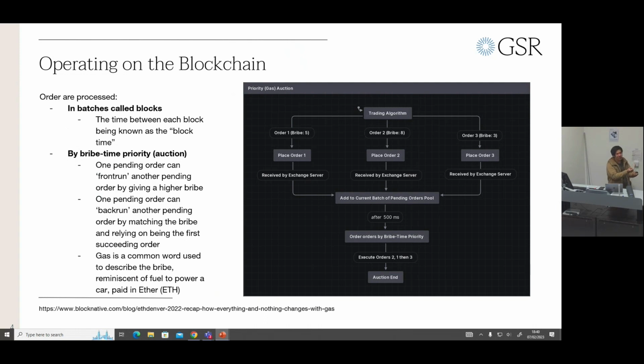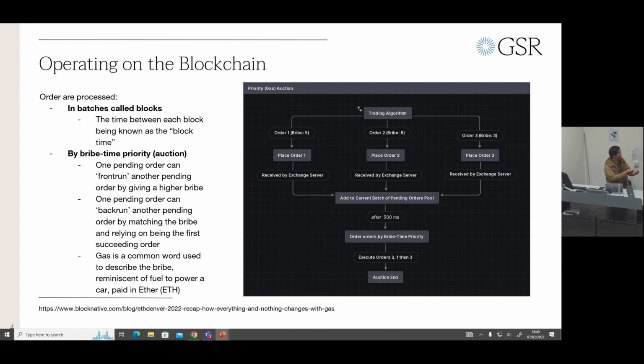If they really want to buy a Uniswap token as well, because there's a governance event which raises the price, then what someone can do is give in a higher bribe, so let's say 0.11 ETH, and essentially front run me.